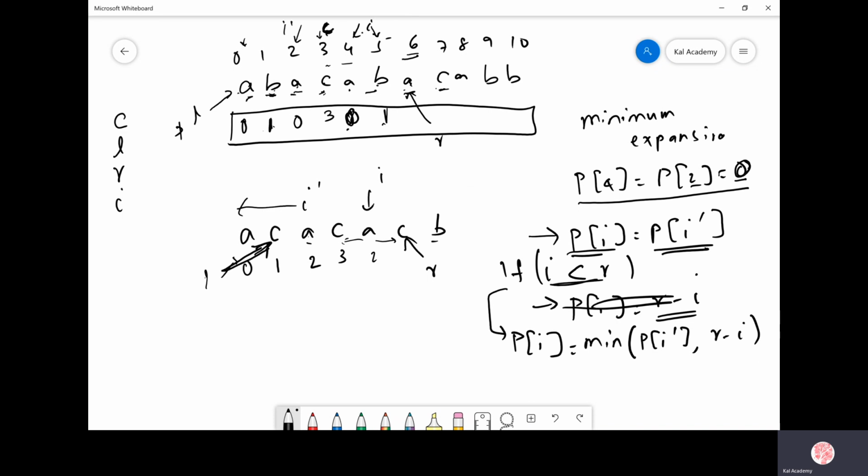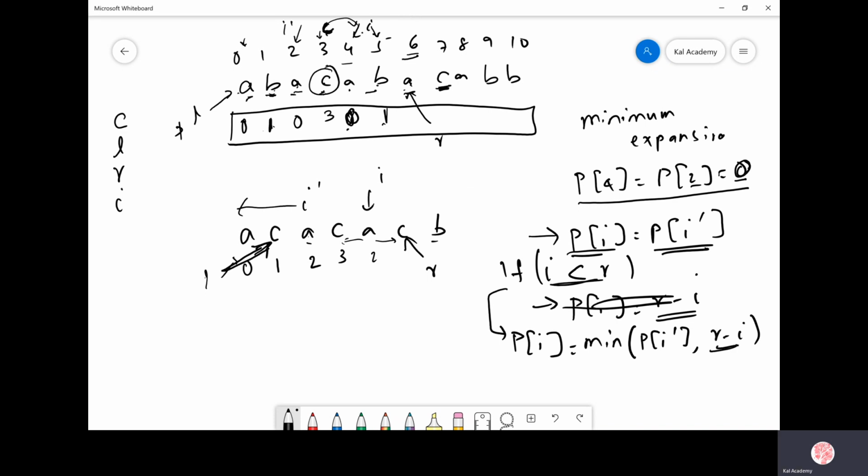If you go further beyond, there's a possibility that you only move the C to the next one, and not necessarily that you could find more on this side. So really what we're saying is, why can't the palindrome centered at I expand after R? If it did, it would have already been covered with the current center C. That is why we are saying P of I is R minus I.